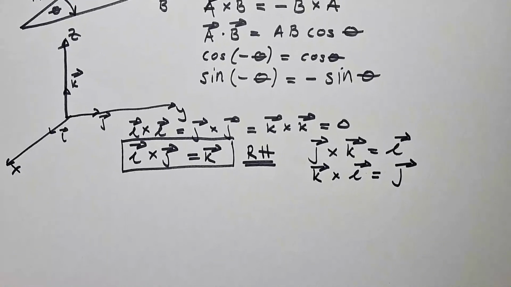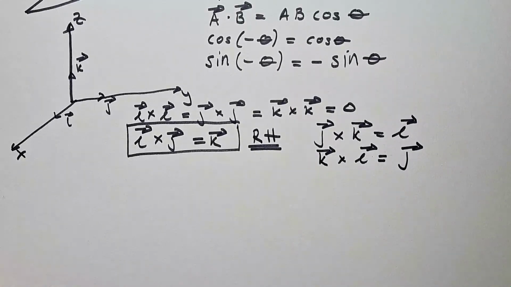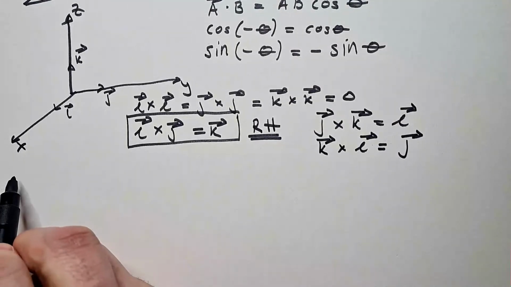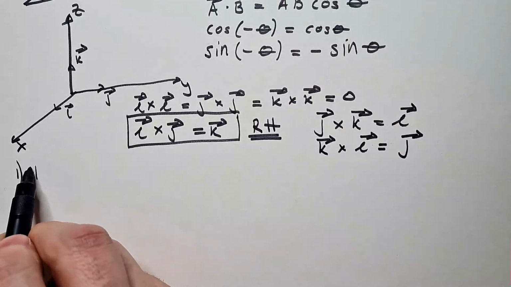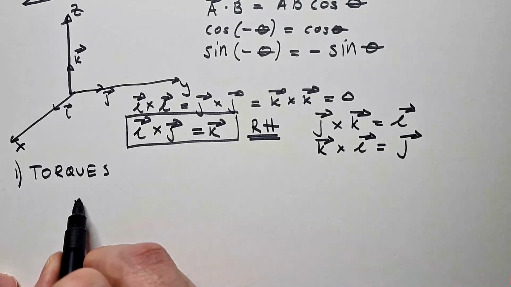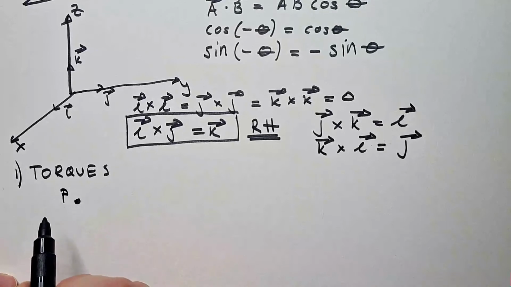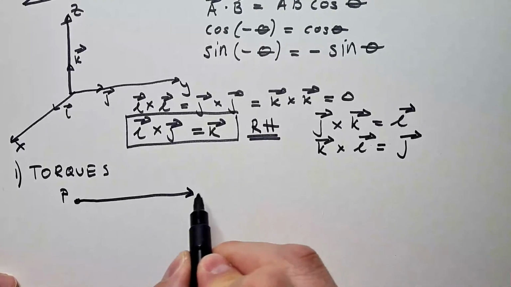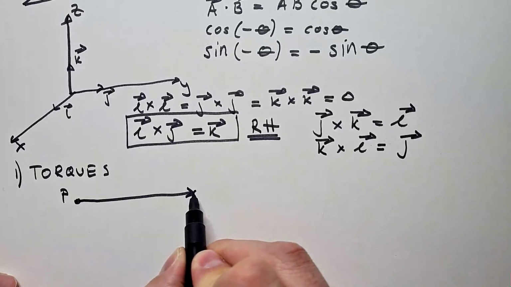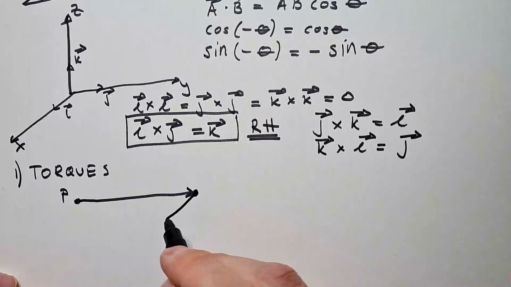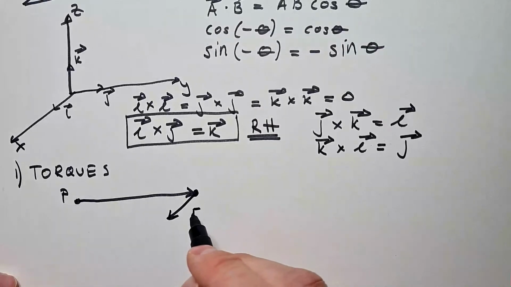You might say, what is the motivation to invent cross product? And there are a few of them. First is torques, and I have an entire playlist on torques. We know if we have a pivot point P over here, and we have some object, let's say here, and we apply force F on this object, like so.